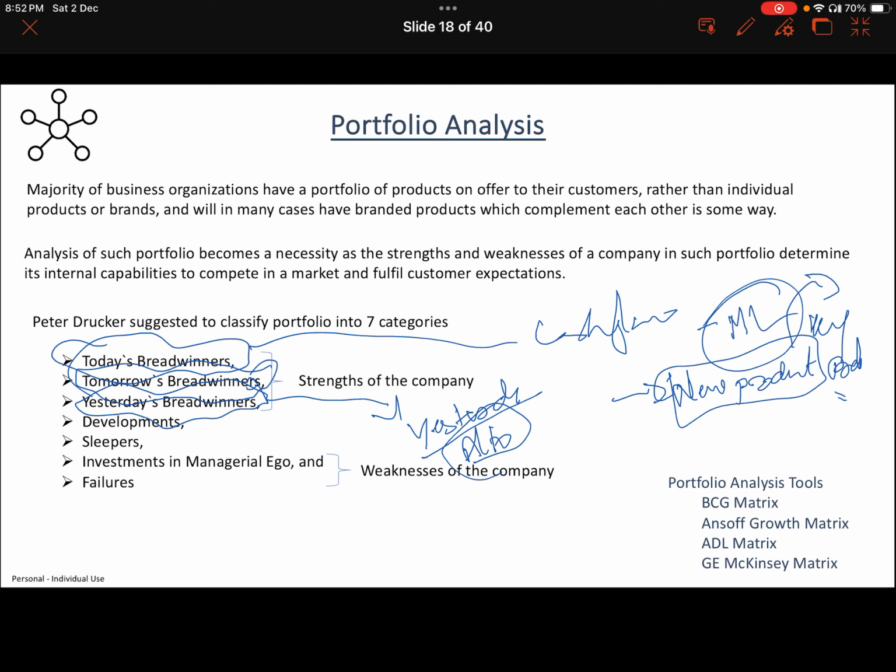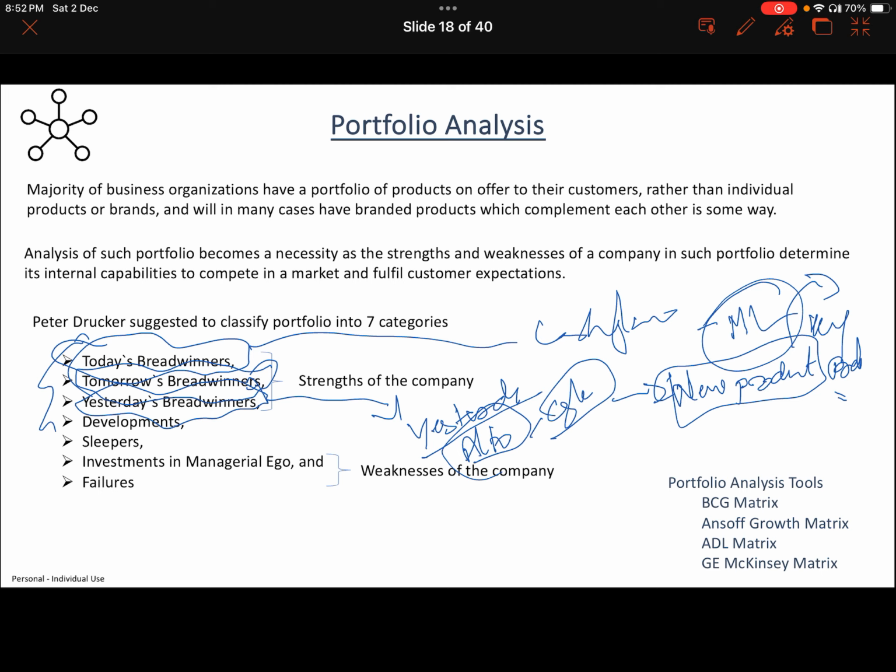Once it becomes a breadwinner, it continues to generate some cash flow. There is no need of additional investment and other things. So that is a company's strength. So they can keep getting cash from that also. So these three major categories are strengths of the company. The rest all require some attention. So this is how Peter Drucker classified the portfolio into seven categories.